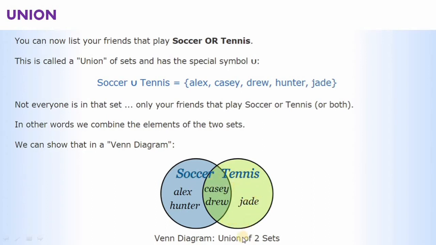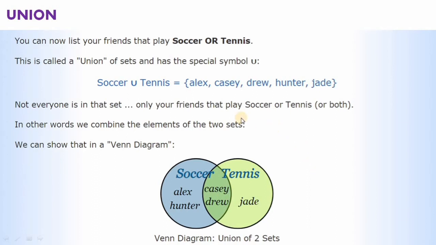This is the union of two sets, because we see that Cassie and Drew are in both. This is my soccer set containing Alex, Cassie, Drew, and Hunter, and this represents your tennis set where we have Cassie, Drew, and Jade playing tennis. So this is your Venn diagram for the union of two sets.